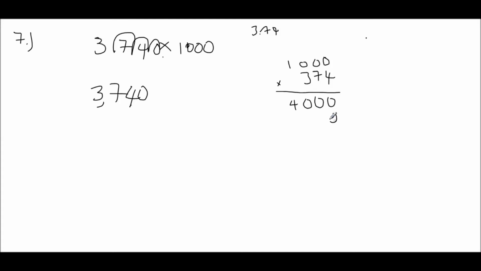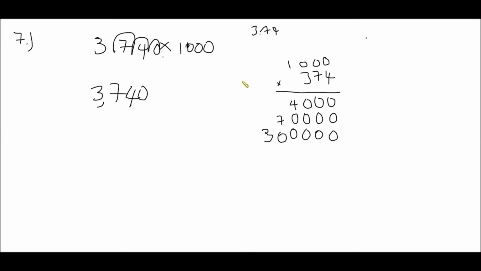So put a placeholder here and we start multiplying in this column. 7 times 0, 0, 7 times 0, 0, 7 times 0, 0, and 7 times 1, 7. Now we move to the 3. It's in the hundreds column, so we put 2 placeholders and start multiplying. 3 times 0, 0, 3 times 0, 0, 3 times 0, 0, and 3 times 1 would give us 3.